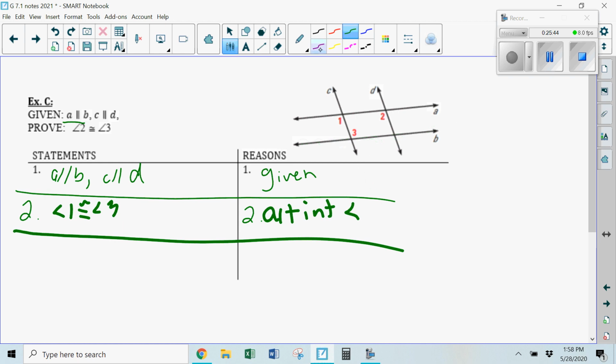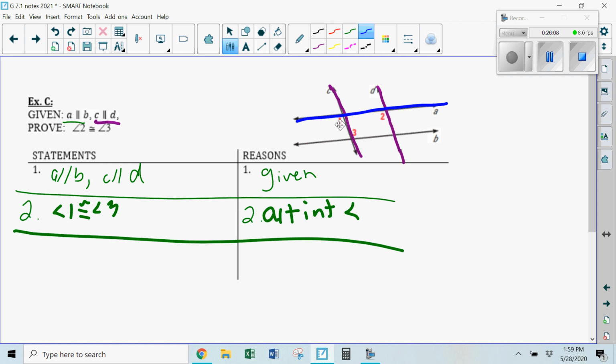Now let's look at what this is trying to tell us. C parallel to D. So I'm going to highlight C and D. Those are parallel, and I'm going to pick a transversal. Would it be better to pick transversal A or B? Which one has more information on it? A does. A has angle 1 and 2.